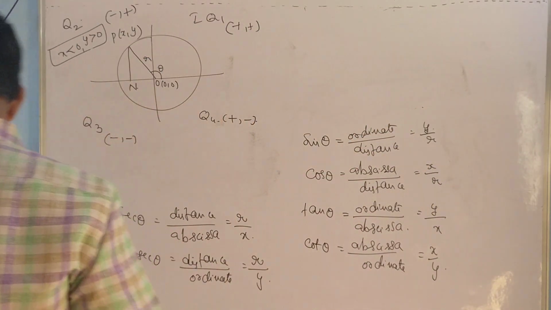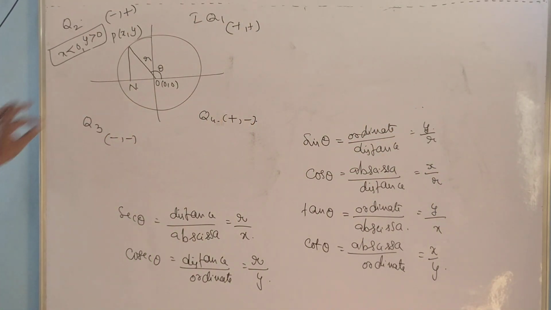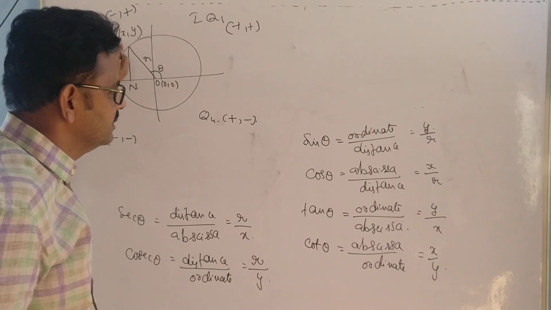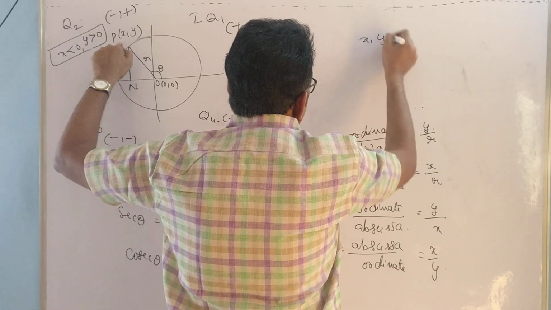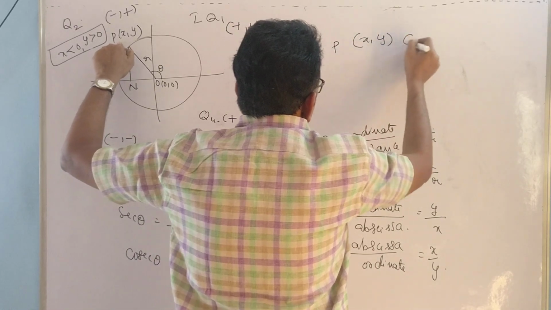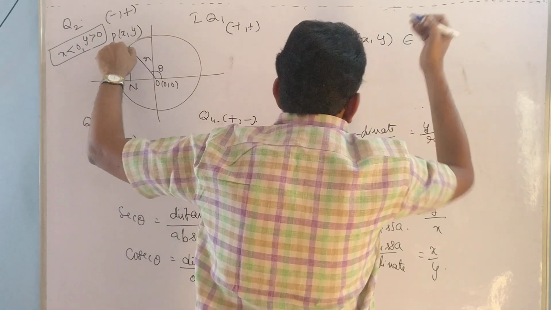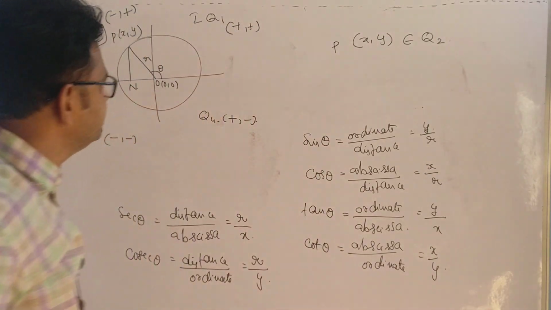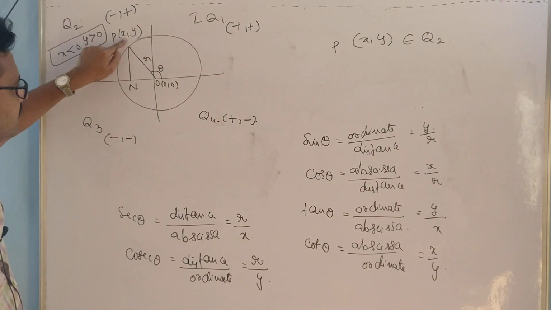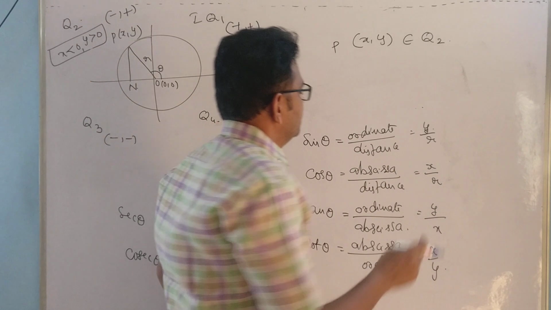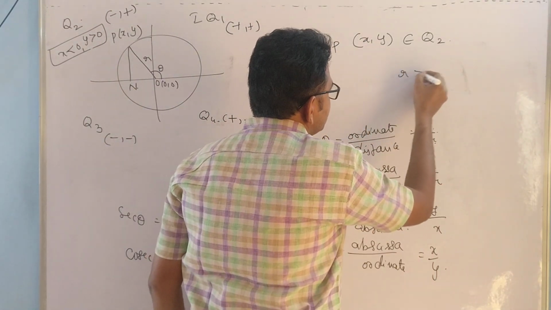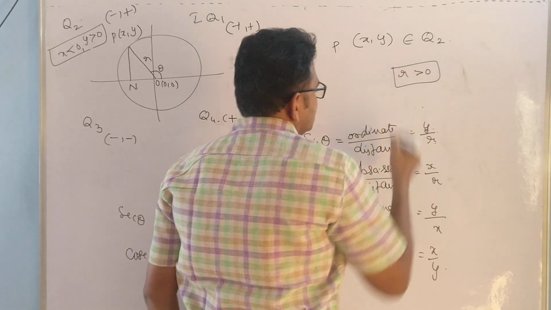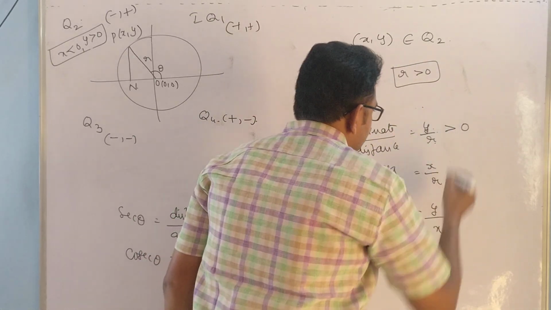So if the point x, y lies in the second quadrant, P(x, y), here P belongs to the second quadrant. What is sin theta? Sin theta is y by r. Y is positive, r is always greater than 0, so this is positive.